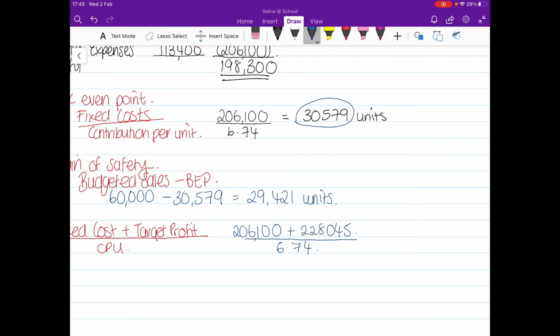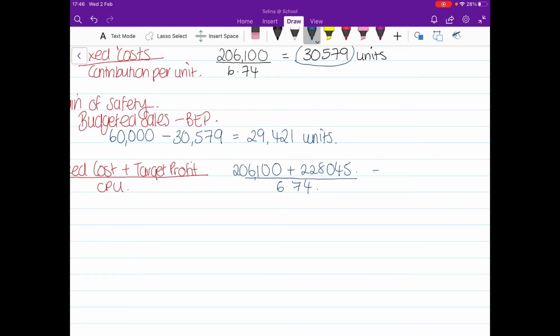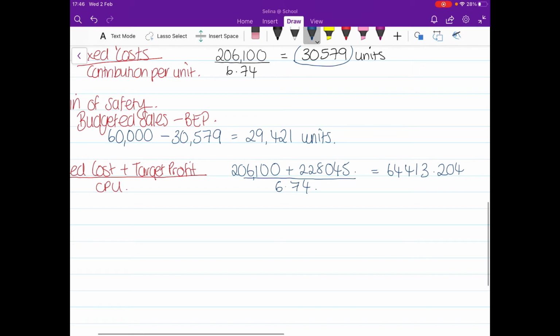Okay, so then into your calculator, the 206,100 plus 228,045, and you're dividing that by 6.74, which works out at 64,413.204 and so on. But you always need to round up here, okay?